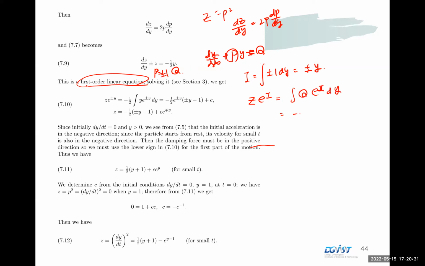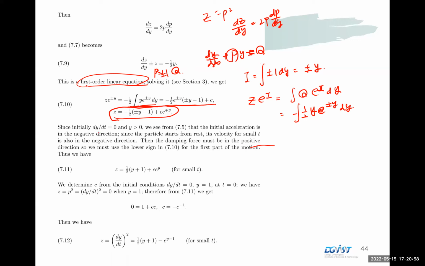So q is corresponding to minus 1/2, and I is the exponential of plus minus y dy. So we have this one, and by integration by parts, we can obtain this one, and g is given by here.